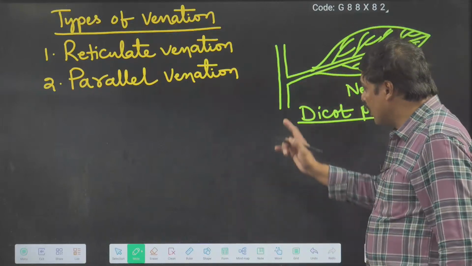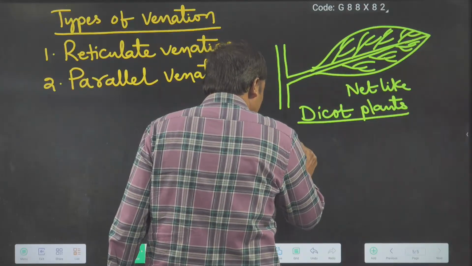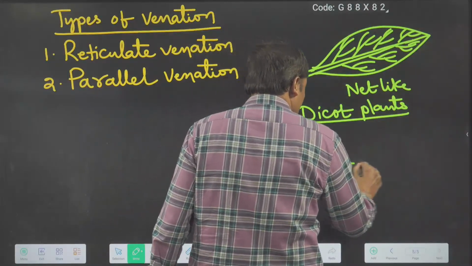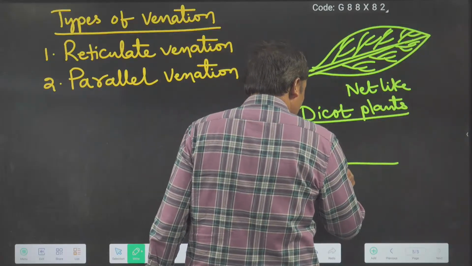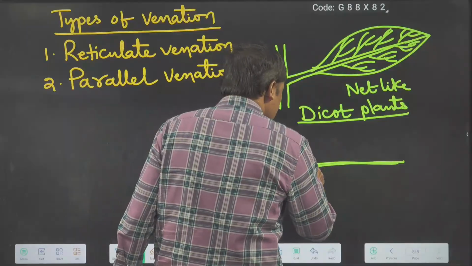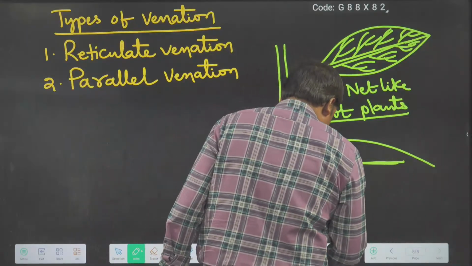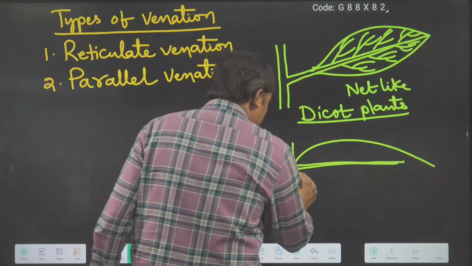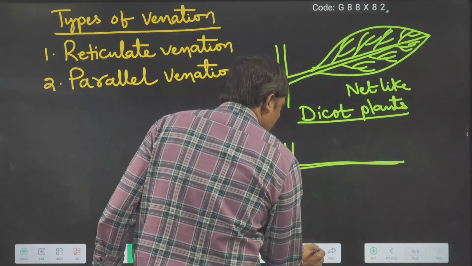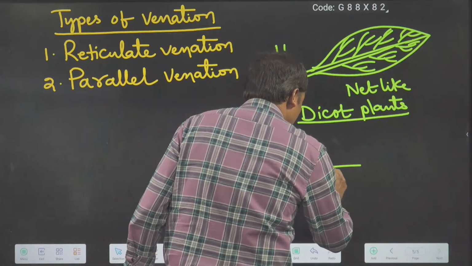Then, what is parallel venation? In the parallel venation, there is a midvein or all are similar veins. The veins are arranged parallel to each other. Like this. Okay?